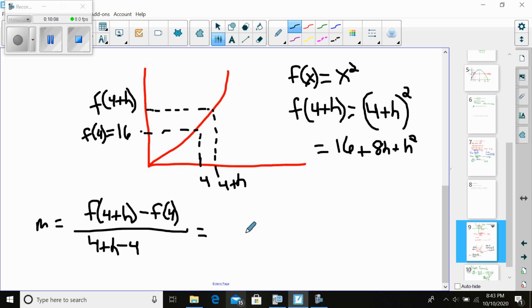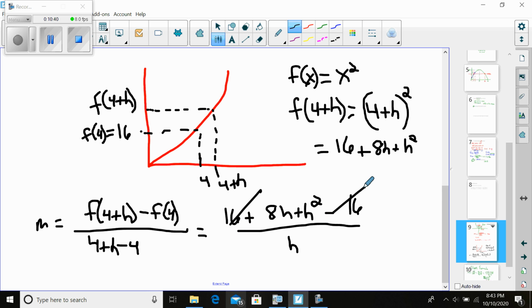Okay, so I get here. All right, so the 4's cancel, I just get h. And then this is going to be kind of convenient because when I plug in f of 4 plus h, it is this expression, the 16 plus the 8h plus the h squared, minus f of 4. So f of 4 is just 16. Okay, so look what happens. These are gone.